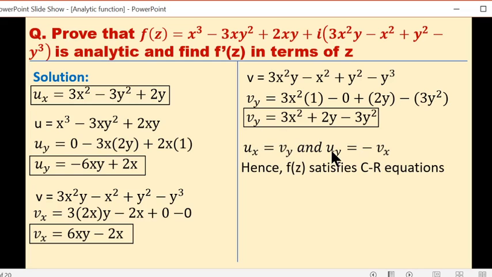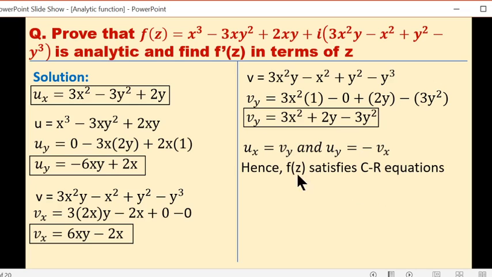Okay, let us check uy and vx now. uy and vx should be negative of each other, meaning all the terms should be there, only their signs should be opposite. So let's check uy. We have minus 6xy here and here we have plus 6xy. These two are negatives of each other. Plus 2x, here minus 2x, negatives. That means uy is negative of vx. So this condition is also getting satisfied. So hence f of z satisfies CR equations. CR is the abbreviation used for Cauchy-Riemann equations.